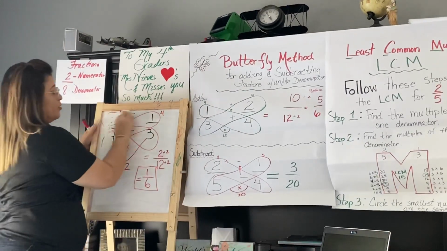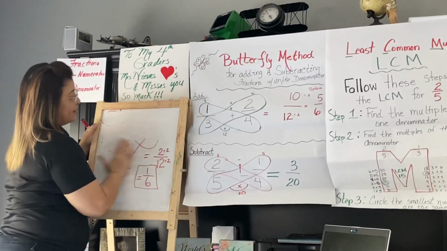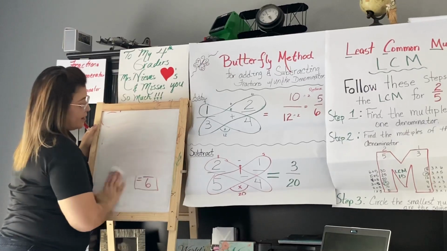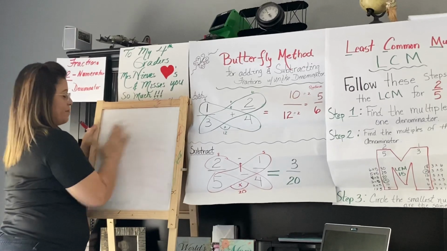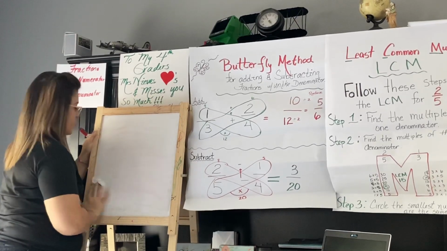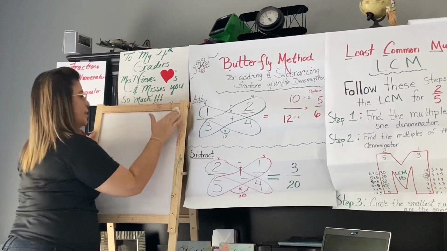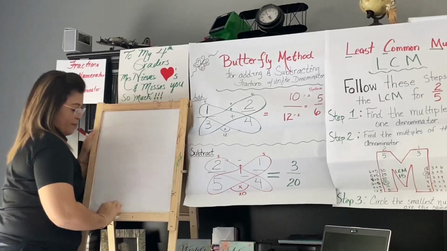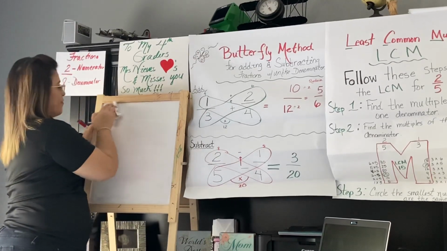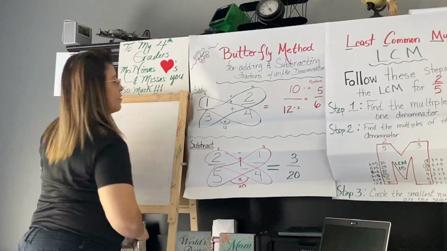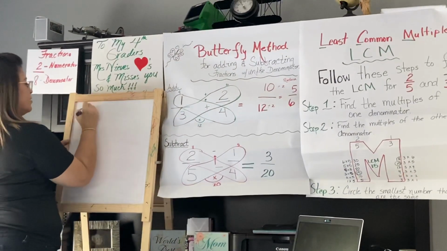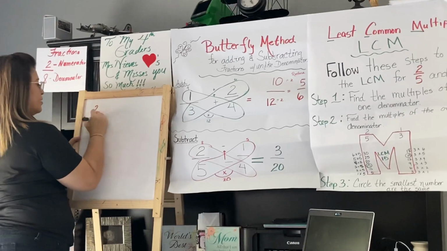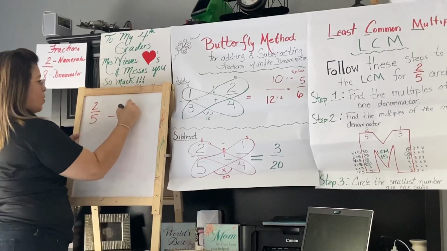If you want to do it by finding the common denominator first and then converting them to add and subtract, that is fine with me. So let's do one together by finding the common denominator. So we got 2/5 minus 1/3.